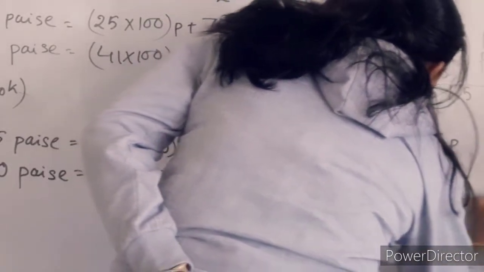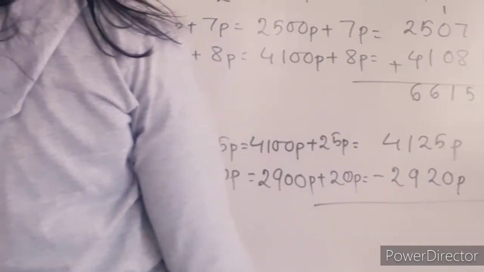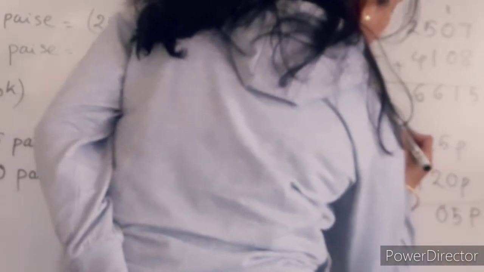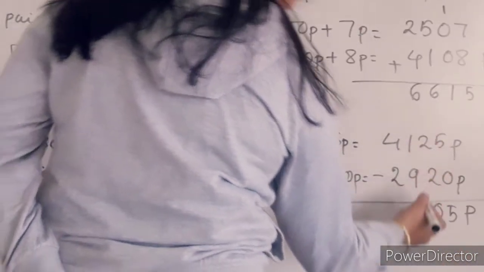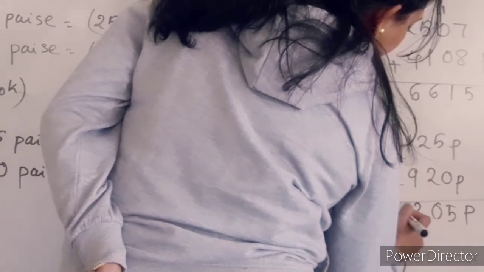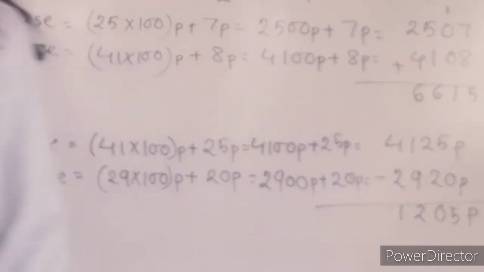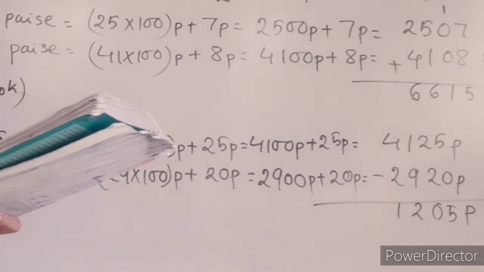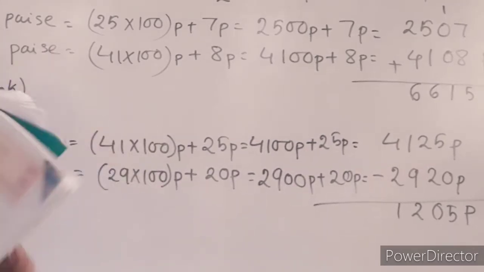Now subtract the paise. 5 minus 0, 5. 2 minus 2, 0. 1 is smaller than 9, so 11, 2 plus 1, 3. 1. Okay, so the answer is 1205 paise. B you will solve by yourself.